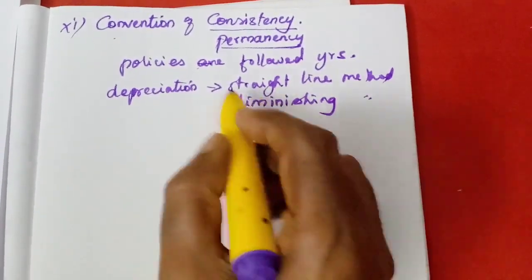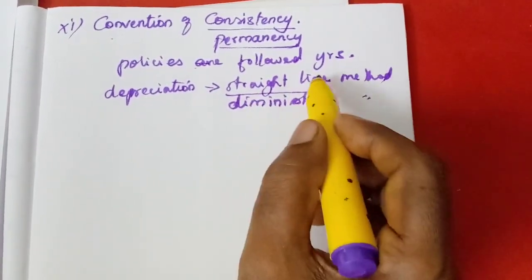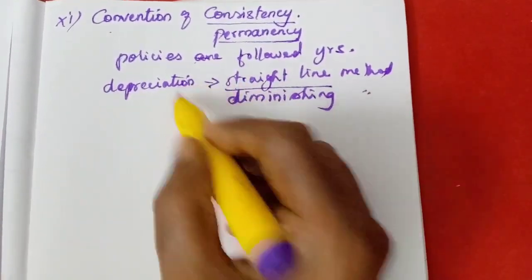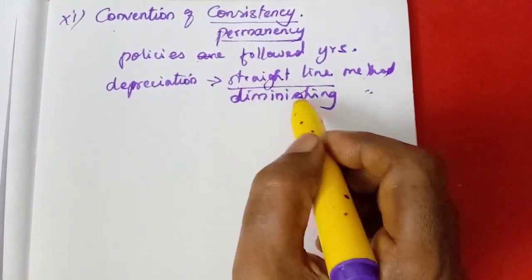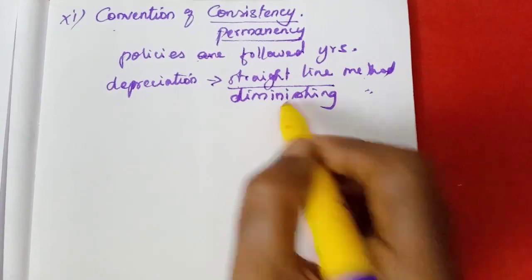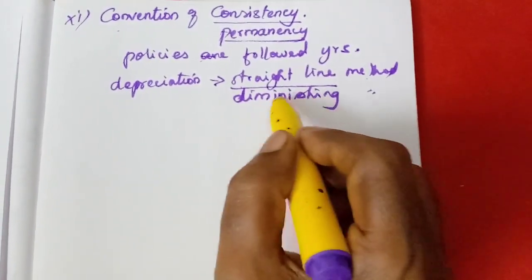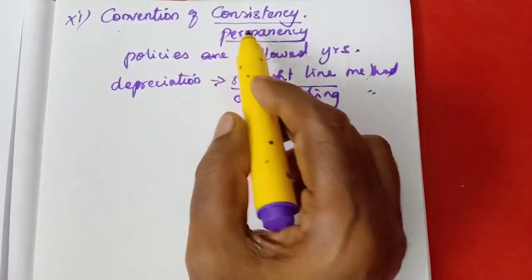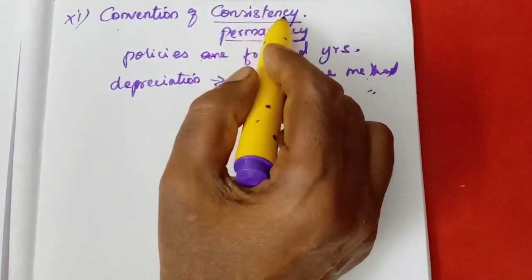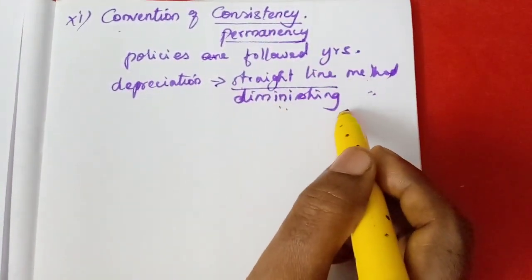So, if we follow the straight line method for many years, we have to follow that same method only. All of a sudden, we may not switch over to the diminishing balance method. If we start with this method, we have to follow the same method. That's why all the accounting policies must be followed consistently from one accounting year to another accounting year.